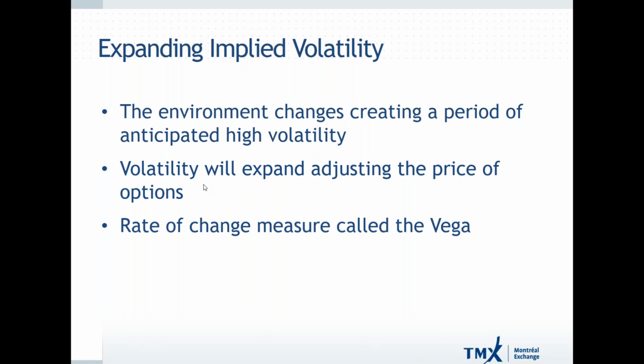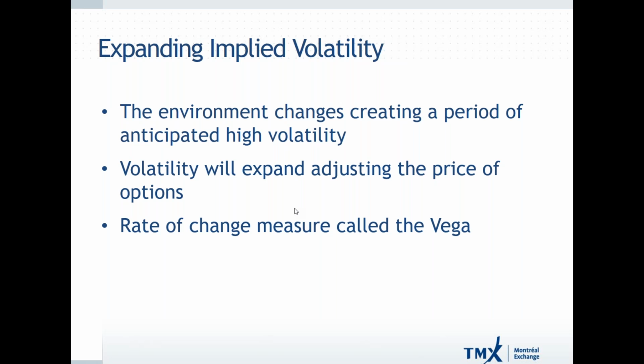Now, this rate of change is referred to as the vega, and again, we've talked about this in our introduction to option Greeks webinar, where each of the pricing variables associated with an option contract is given its own Greek name. So for implied volatility, it's referred to as the vega.